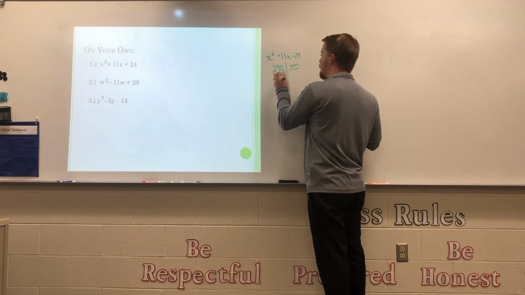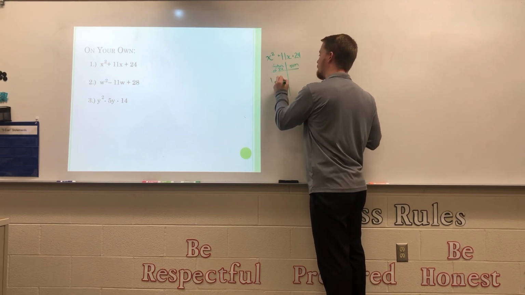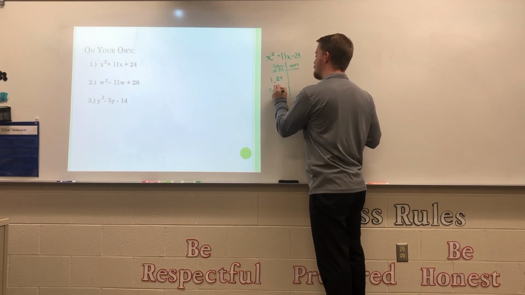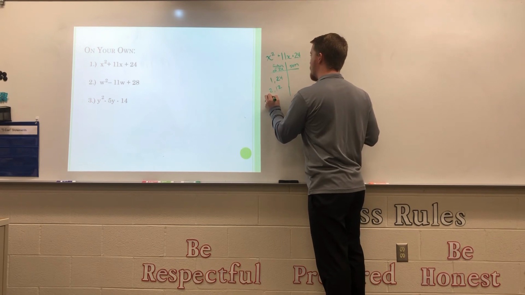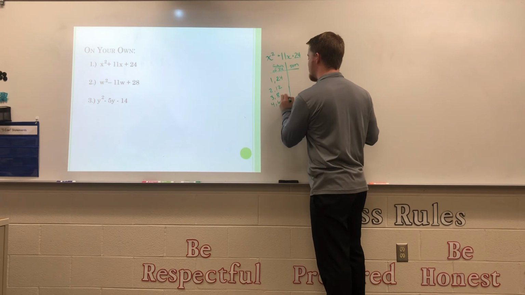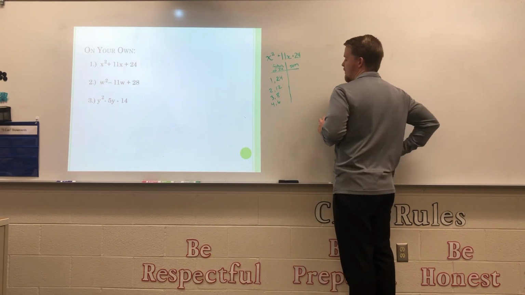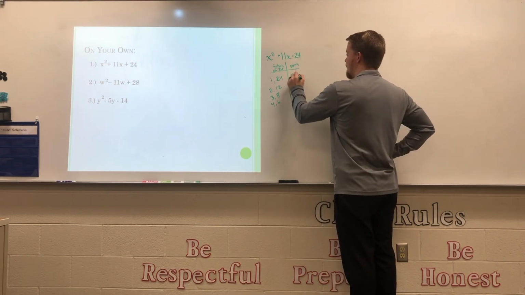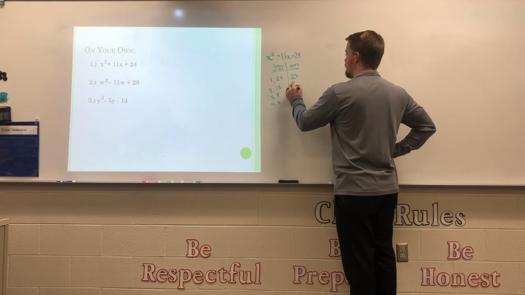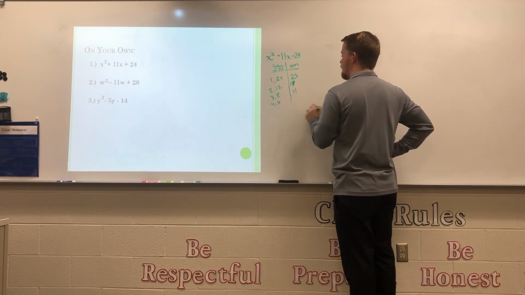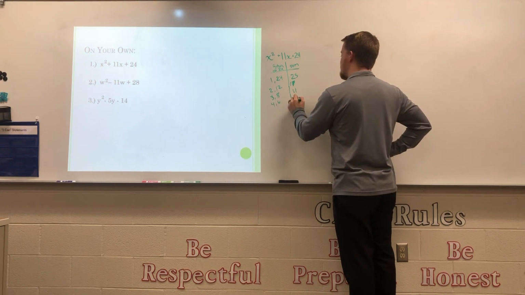So factors of 24, 1 and 24, 2 and 12. Let's see, 3 and 8, 4 and 6. So that one has a lot of them. But then we add them up. 1 plus 24 is 25. 2 plus 12, 14. 3 plus 8, 11. 4 plus 6, 10.